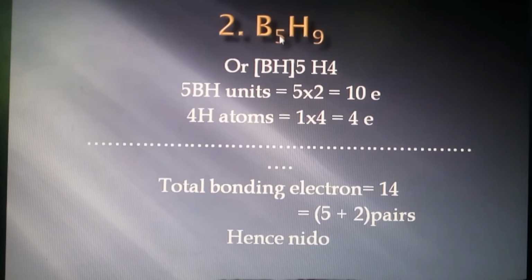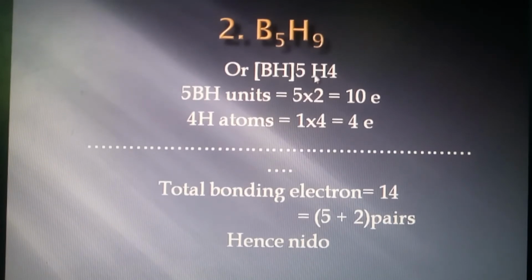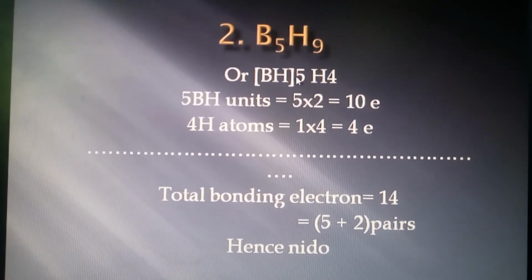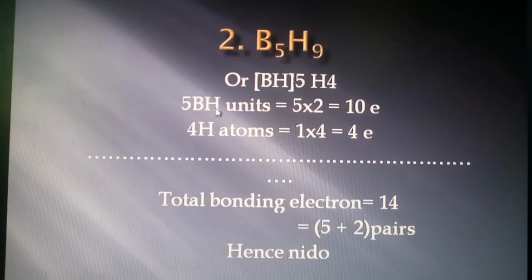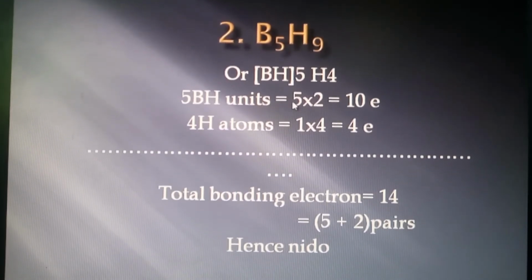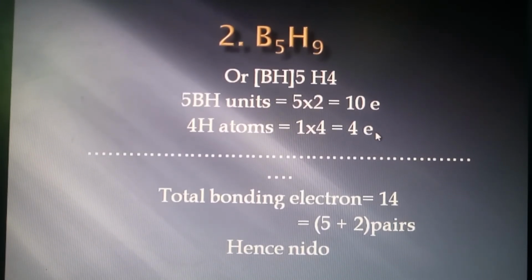Similarly, in case of B5H9, we may represent this compound as (BH)5H4. After representing in this way, we get 5 BH units and 4 hydrogen atoms in this compound. These 5 BH units contribute 5 into 2 equal 10 electrons, and 4 hydrogen atoms contribute 1 into 4 equal 4 electrons.